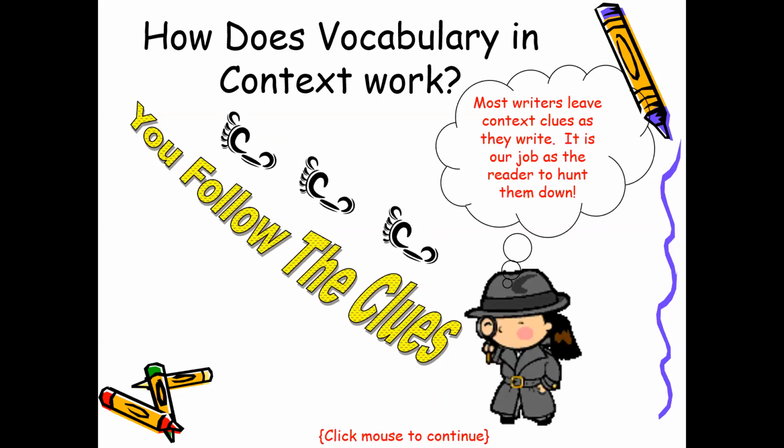When you think about it, when writers write textbooks, novels, articles in newspapers and magazines, they actually leave context clues. And again, as a reader, you need to understand these clues, hunt them down, so you can get the meaning of words you have never encountered before.